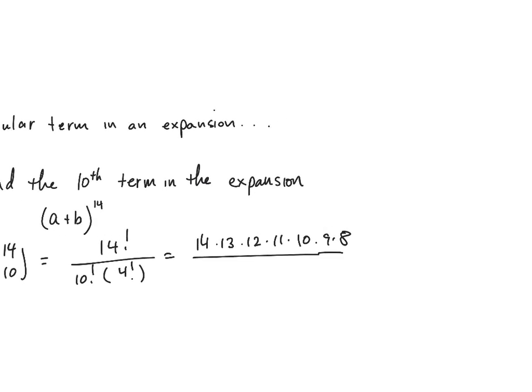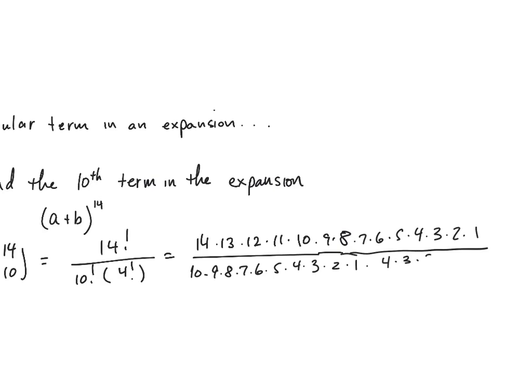Give us a little more room here. Okay, and then 10 factorial, and then multiplied by another 4 factorial. So the 10 all the way down to 1.